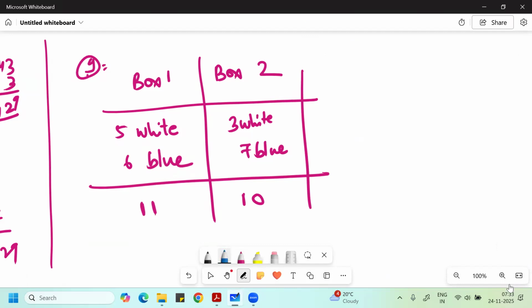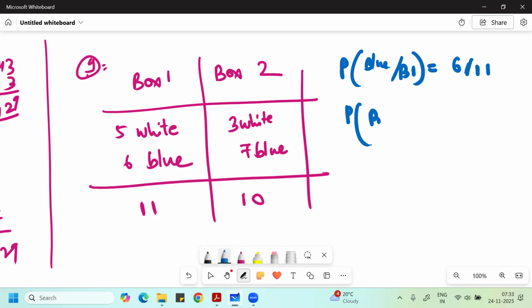So what is the probability that you will get a blue ball from box 1? That would be 6 by 11. And what is the probability that if you select box 2, you will get a blue ball? That would be 7 by 10.